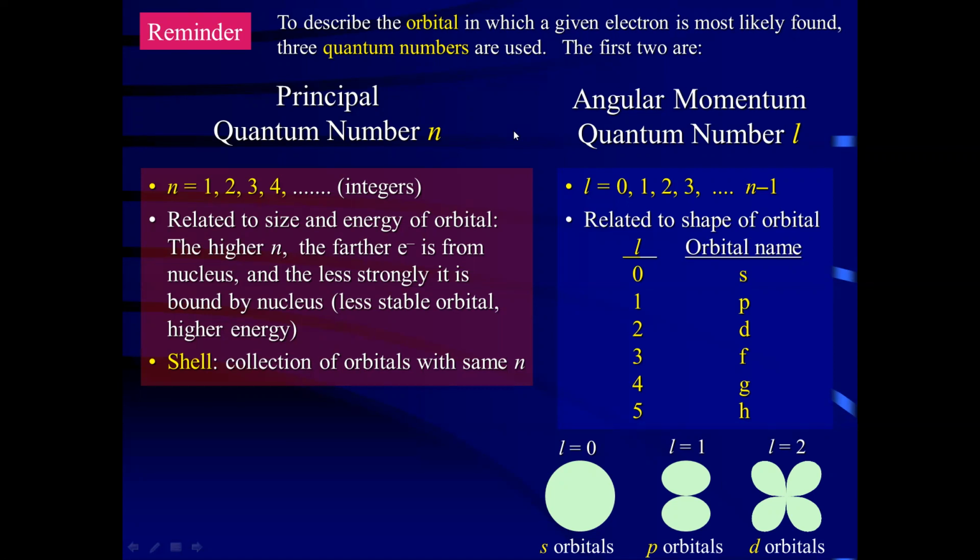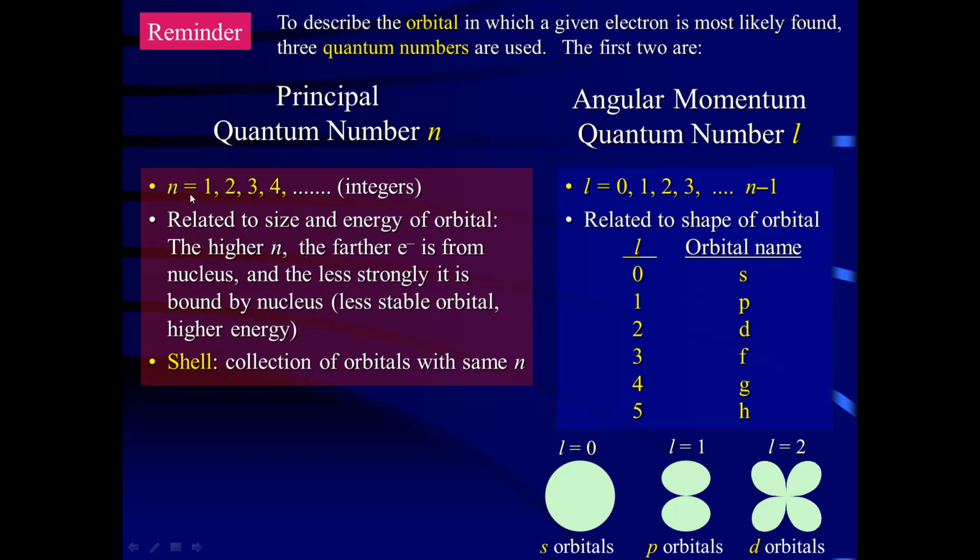So basically, electrons are like a cloud; we call it the electron cloud around the nucleus. In order to describe the behavior of the electron and the orbital, we use a few quantum numbers. The first quantum number we introduced is the principal quantum number n.